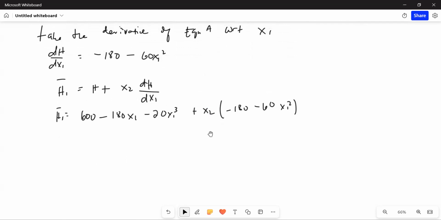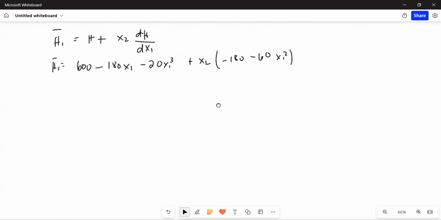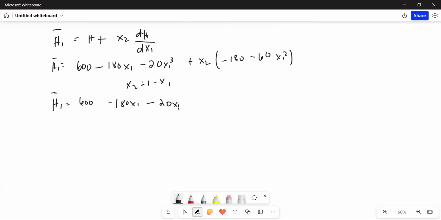We have to remove the x2, because we are deriving as a function. Our goal is to make the equation a function of x sub 1. So we replace the x2 with 1 minus x1 again. Okay, so with that, our equation becomes 1 minus x sub 1.